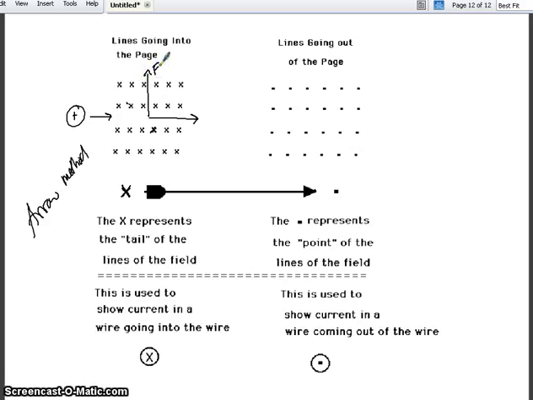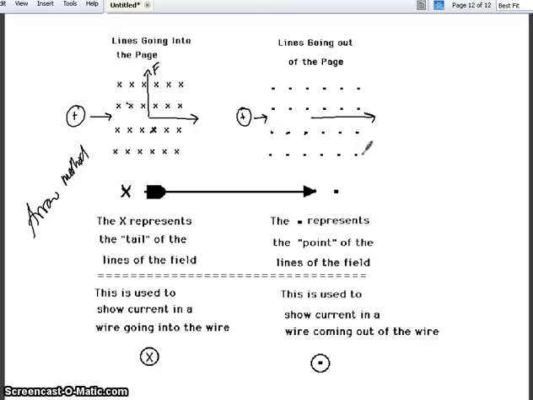Similarly, if we have a positive charge coming into the field here, these are all dots. So this is the magnetic field coming out towards us. This charge is still moving from left to right, so the V is going to be this way. Take your fingers, point them out towards your face, coming towards you, out of the page.